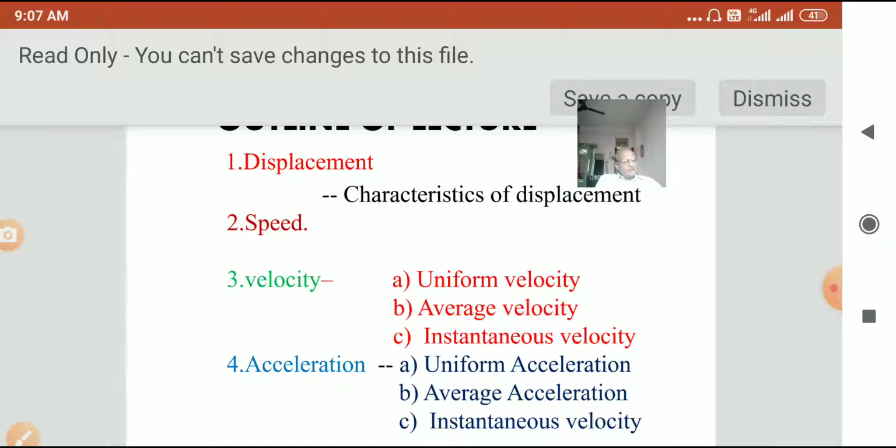Apply a very small force on the body, it does not move. If we go on increasing the force, the body does not move. When force reaches a particular value, then the body just begins to move. That is, the body does not move immediately even if the force is applied.